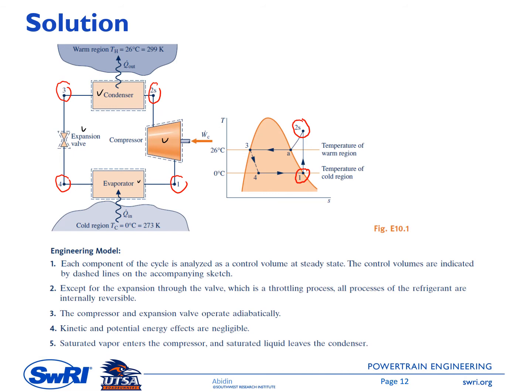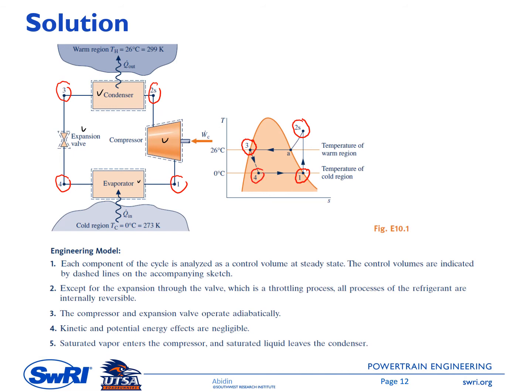And then point 3 is also mentioned in the problem statement as saturated liquid, so it is at the dome line on the left side. And then the expansion process inside the expansion valve maintains the same enthalpy, and this is an irreversible process, therefore it is a dashed line here connecting state 3 to state 4.